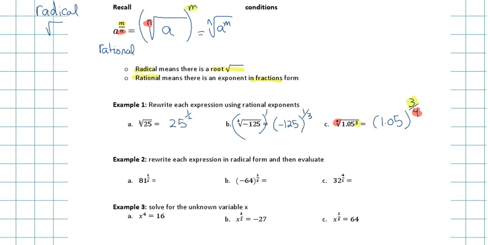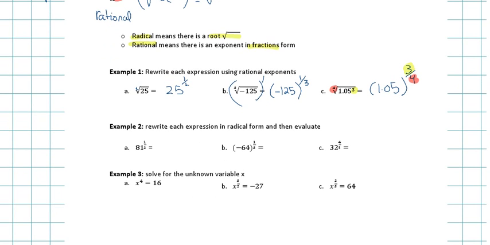Now, how would I write 81? This question is asking you to rewrite each expression in radical form and then evaluate. So, 81 to the power of half. How can I write that in radical form?